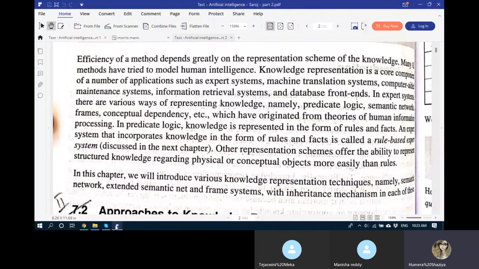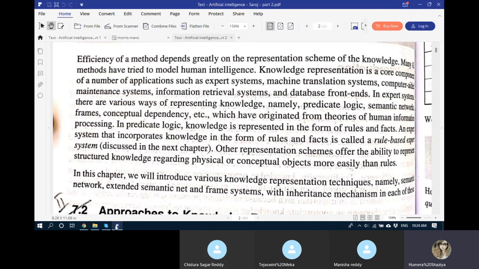If you consider a machine to be an expert in medicine or diagnosis, then that machine, without any human intervention, identifies the disease or condition depending on the symptoms. So that machine is an expert.